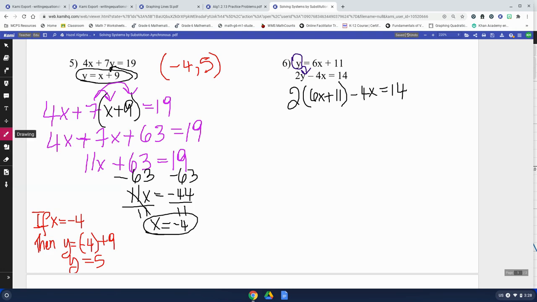All right, we're going to need to go ahead and distribute. So 12x plus 22 minus 4x is equal to 14.